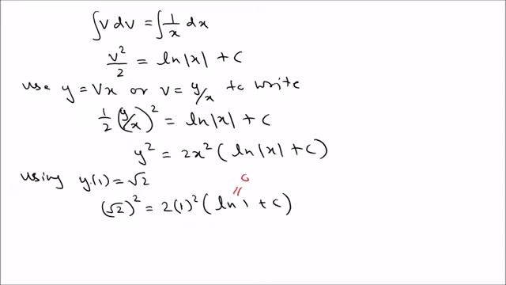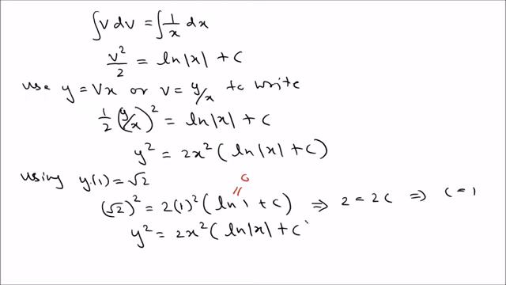So this says that 2 equals 2c, so c equals 1. So we can plug that value back in here. So it is 2x squared (ln x plus 1).